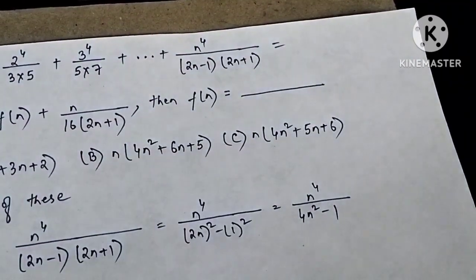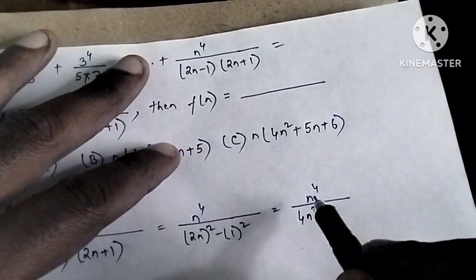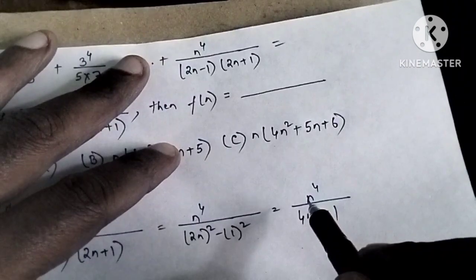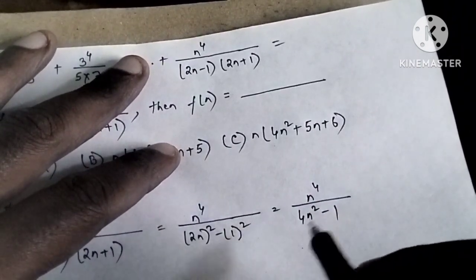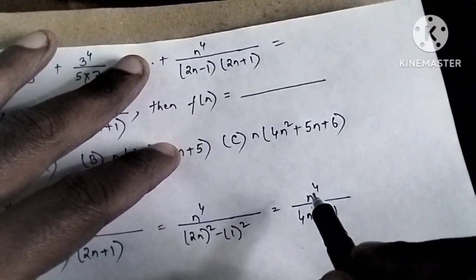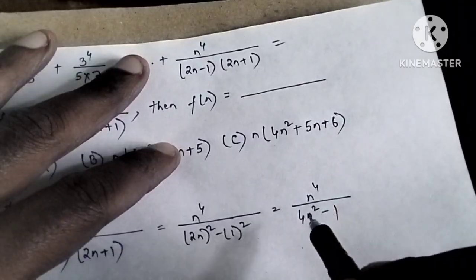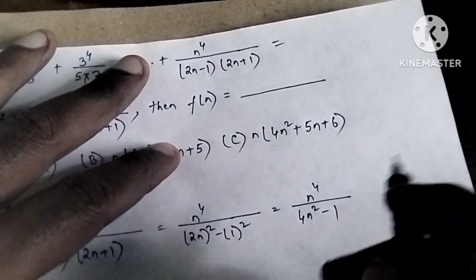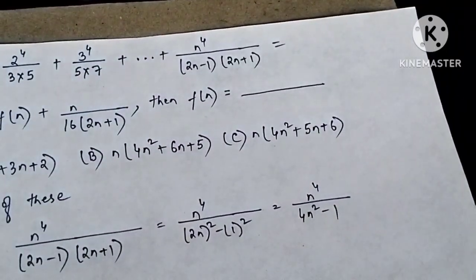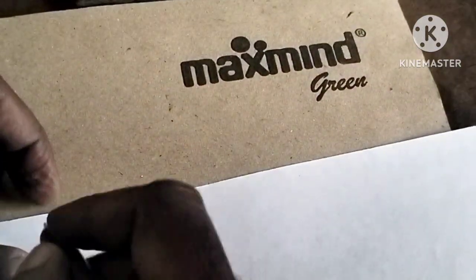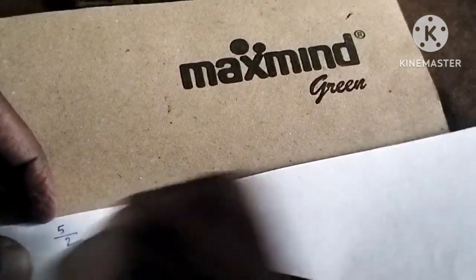So here, in the numerator we have n to the power 4, in the denominator we have 4n square minus 1. So this is the dividend, this is the divisor. Now you see one thing carefully. Suppose you divide 5 by 2.